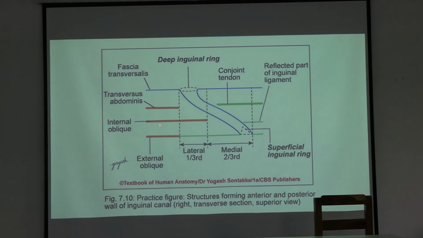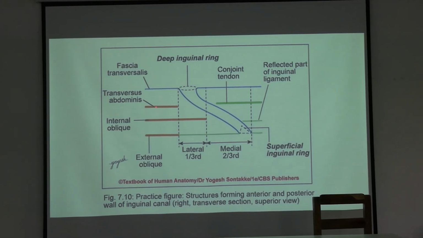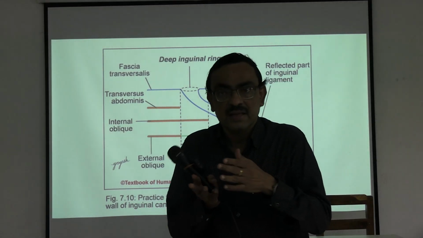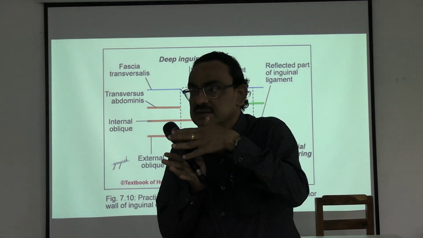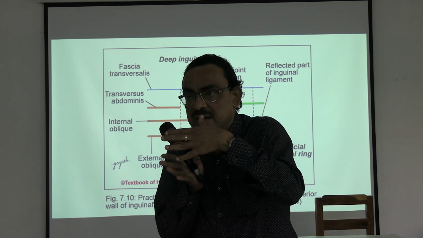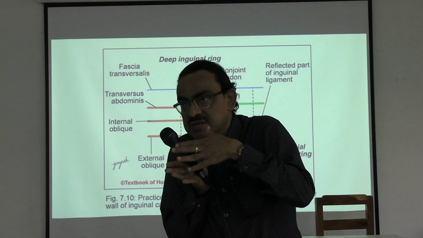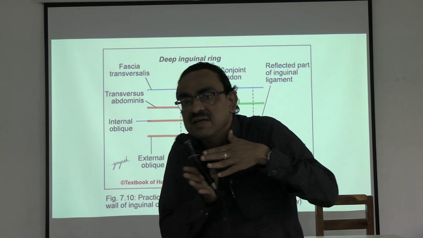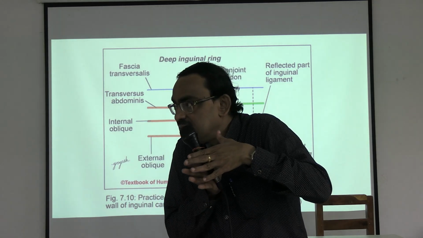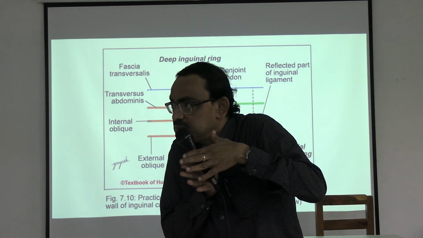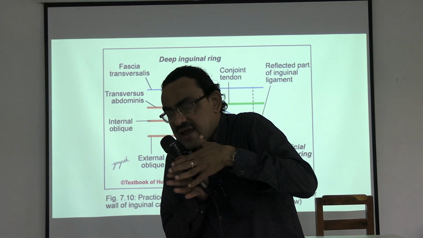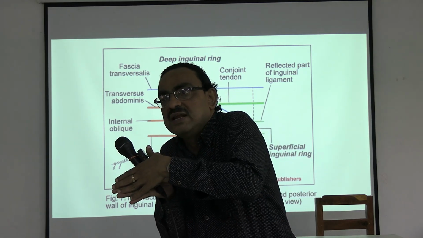These two, internal oblique and transversus abdominis, when approaching medially, become aponeurotic and this aponeurosis gets fused medially.